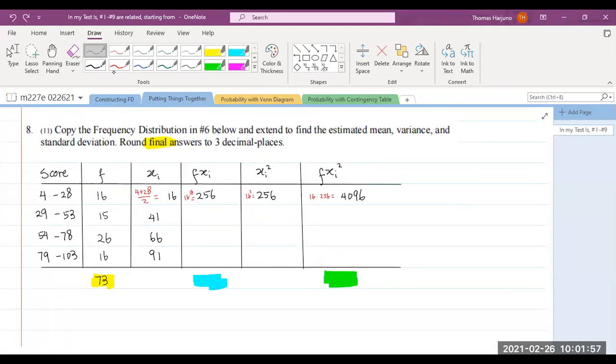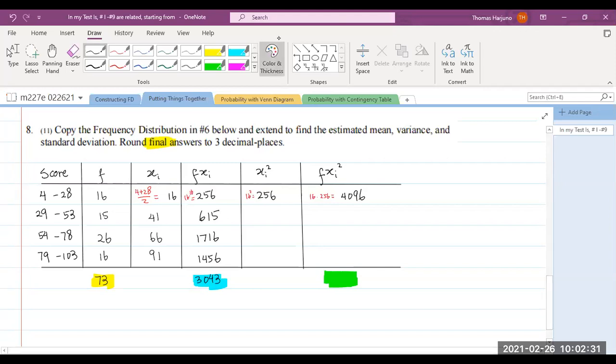Okay, now let's go on further. I will need to compute all this here. So 15 times 41 is 615. Let me compute all of these first. It's 1,716, 1,456 plus 716, 615, 256. I get 3,043.